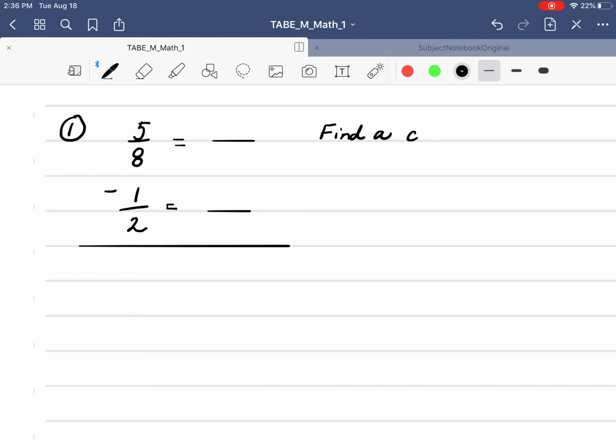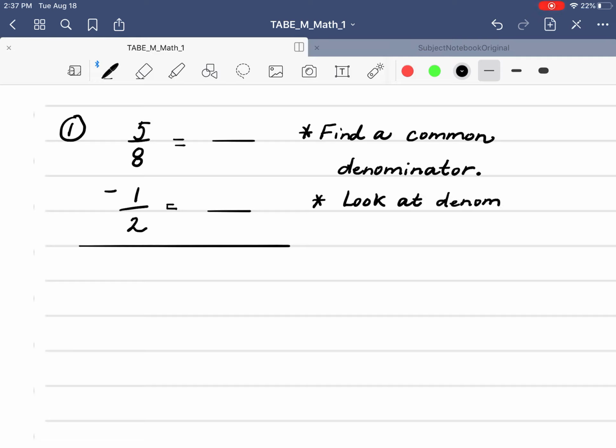So that's going to be my first step, is to find a common denominator. And that denominator is the bottom number. Those have to be the same if you're going to add or subtract fractions. So to do this, I'm going to look at the largest number. Let me just put some bullet points here.